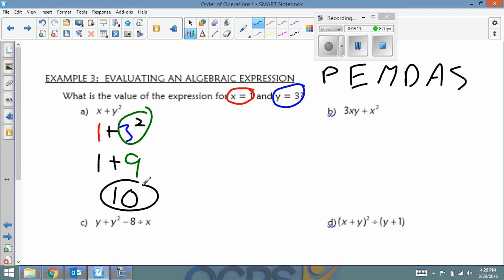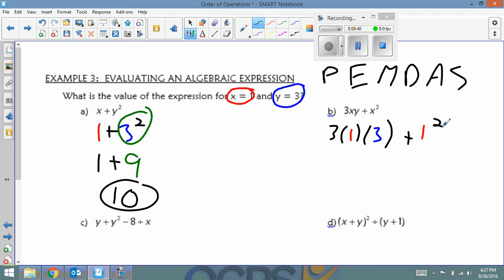Okay, on letter B, notice that we have a number and letters next to each other. Remember, when you have a number and letters next to each other, that means that it's going to be multiplication. So here we have 3 times, remember, every time we see an x, we're going to replace it with 1, so that's 3 times 1 times, where we have a y, we're going to replace it with 3, plus our 1 squared.